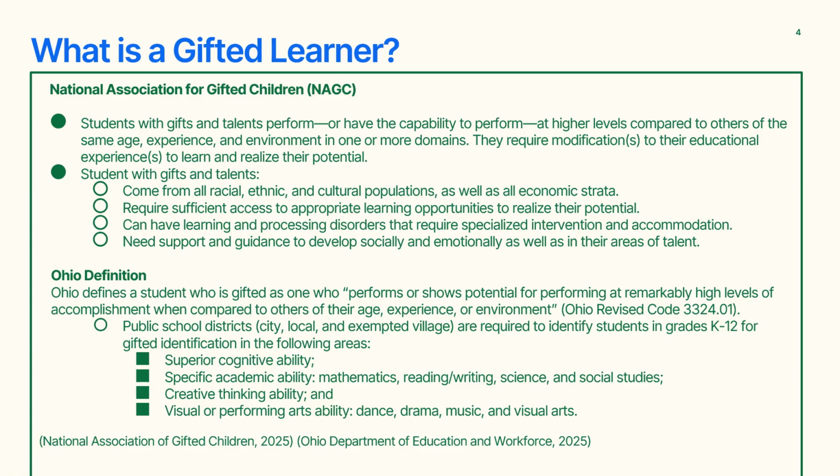Public school districts are required to identify students in grades K through 12 for gifted identification in the following areas: superior cognitive ability or specific academic ability in math, reading and writing, science, and social studies. They can also have a gifted identification in creative thinking ability and visual or performing arts ability in dance, drama, music, and visual arts.